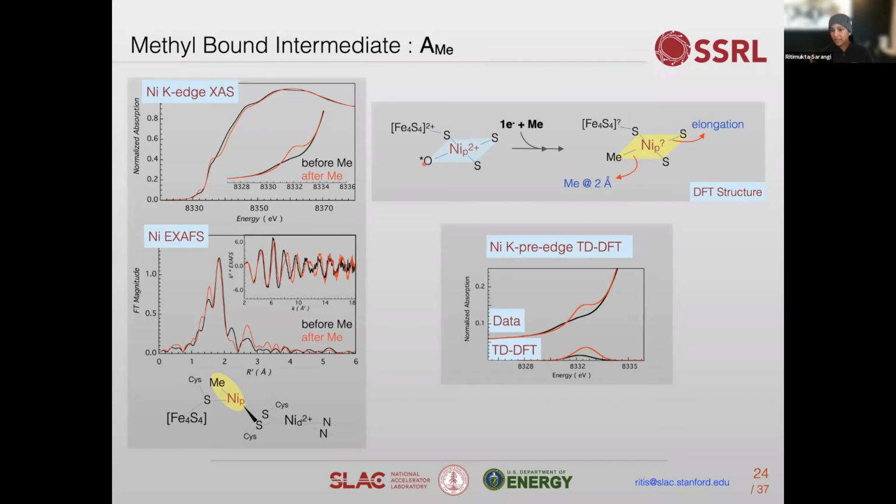So your ligand field strength increases, and that's why it shifts up in energy. And because it is a strong overlap, you also get an increase in intensity, because now you have more 4p mixing into that. So that's for the pre-edge.